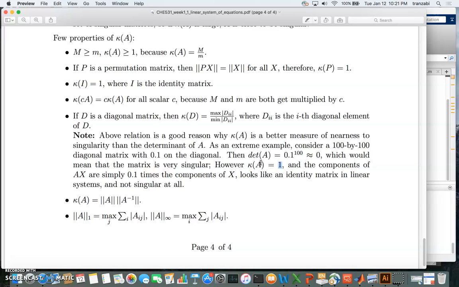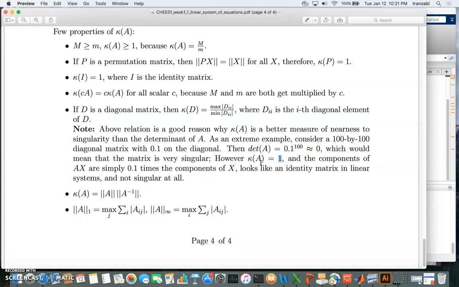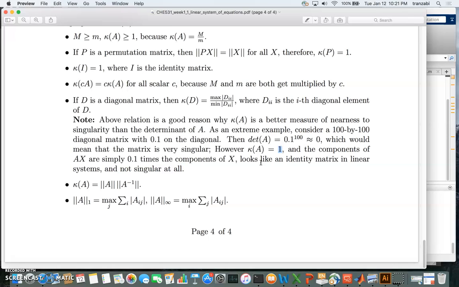So, bottom line, never use the inverse to solve a system. Always use the backslash operator. Second, if you want to see if a matrix is sensitive to perturbation in B or A, always look at the condition number, not the determinant of A. A larger condition number means more unstable, more sensitive to perturbation.